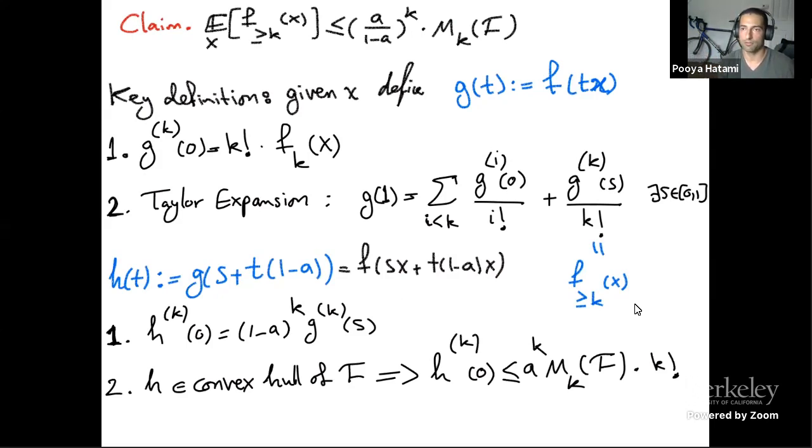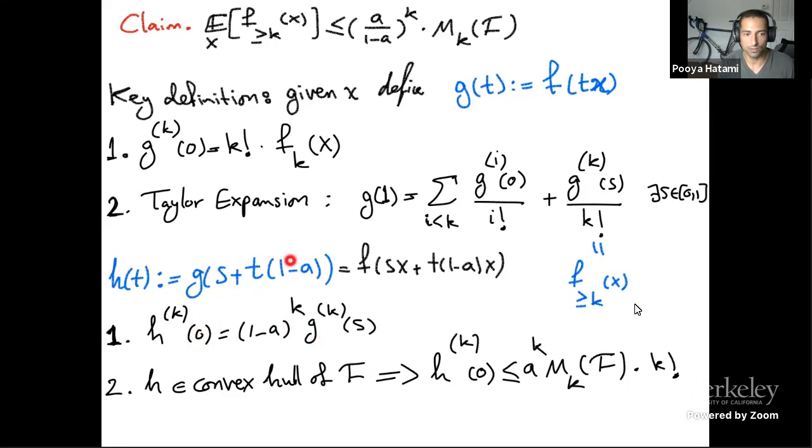Because x is taking values in minus a to a, so I'm making sure that I don't step outside. And the idea will be that if you take the kth derivative of this new function h and evaluate it at 0, by the chain rule, you get basically 1 minus a to the number of times you took the derivative, which is 1 minus a to the k.